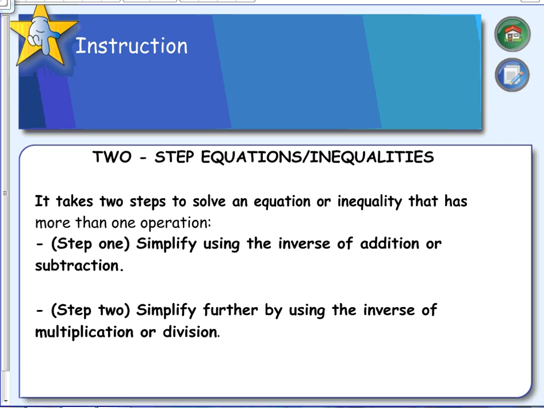So the steps are right here. The first step, step 1, is to simplify using the inverse of addition or subtraction. If you remember, the inverse of something is the opposite. So the inverse of addition is subtraction, and the inverse of subtraction is addition.